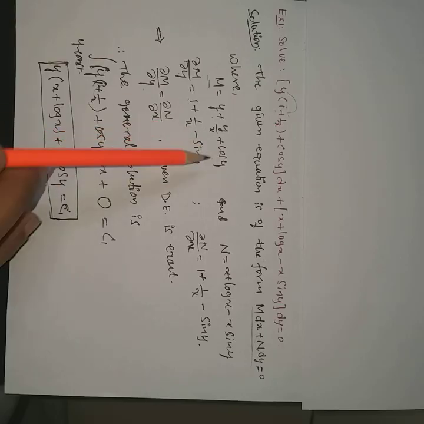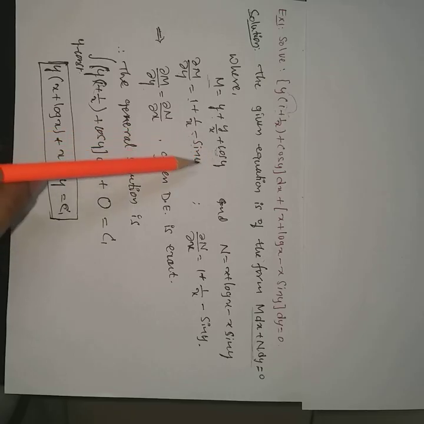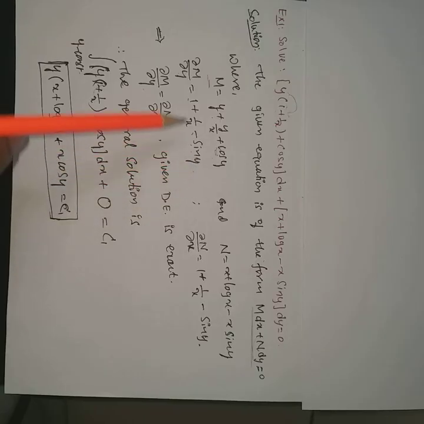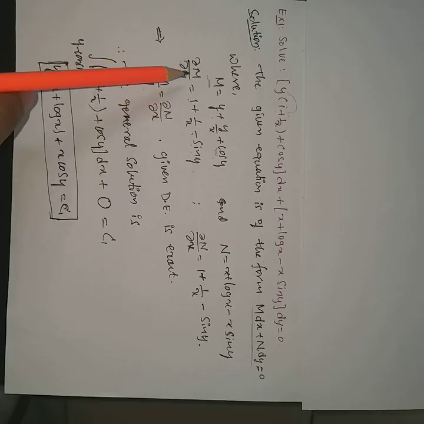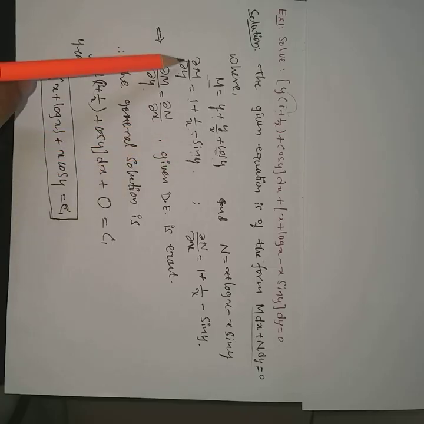Differentiation of cos is minus sin, with angle y, and differentiation of y is 1. So altogether dou M by dou y is equal to 1 plus 1 by x minus sin y.